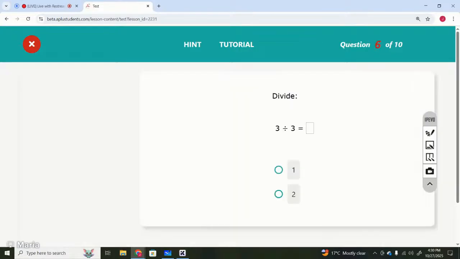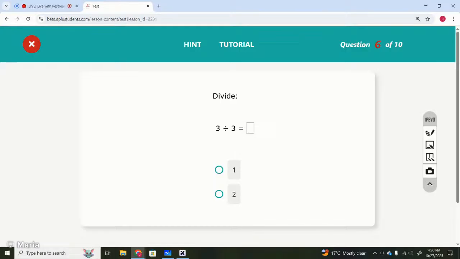The correct option is 5. 3 divided by 3 is 1.